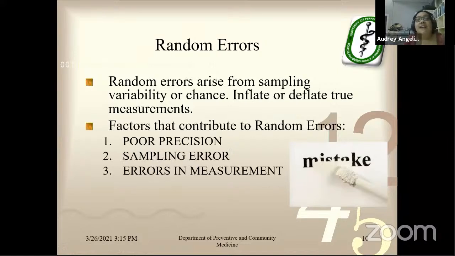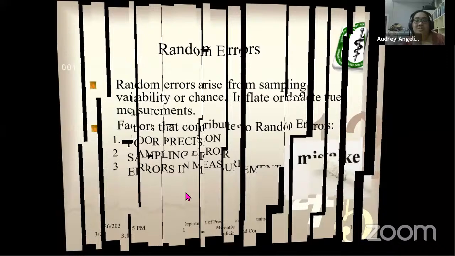Okay? So factors that contribute to random errors would be poor precision, sampling error, and errors in measurement. So it is not precise. Your sampling error would be not the best sampling frame or the best sampling method appropriate for collecting data. And you have your errors in measurement as mentioned.